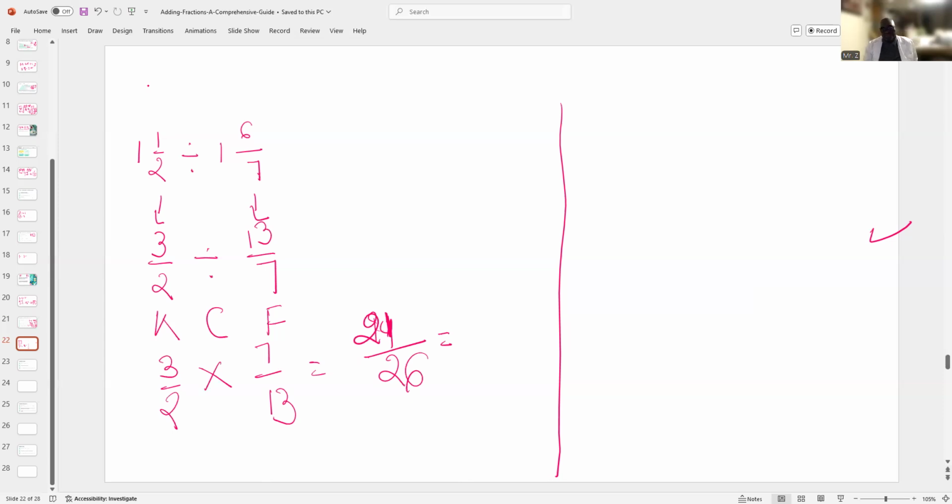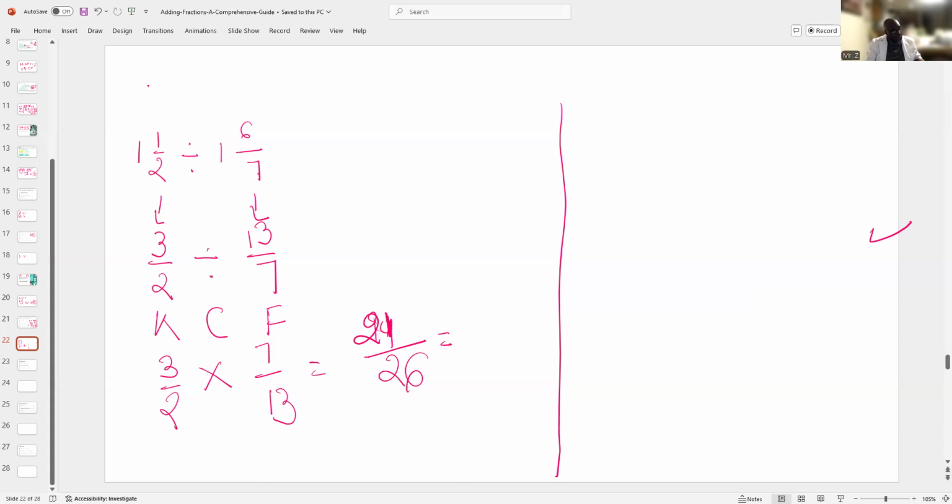It's 21 over 26, because I have 3 over 2. So when I flip the second one, 7 goes on the top, 13 on the bottom. 3 times 7, 21. 2 times 13, 26. If you cannot simplify this, you leave it alone, because it's a proper fraction. Okay?